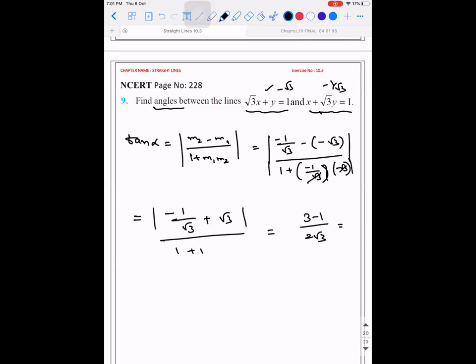That is how much? So you have the modulus always 1 by root 3 with a plus or minus sign. So tan alpha is equal to 1 by root 3 and tan alpha is equal to minus 1 by root 3. So alpha is how much?